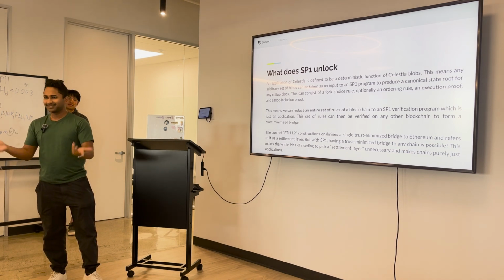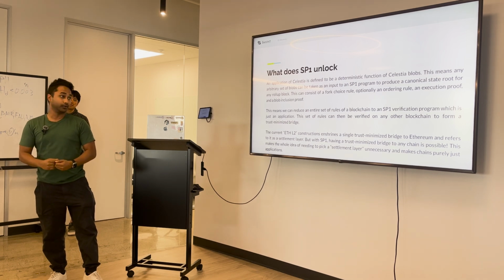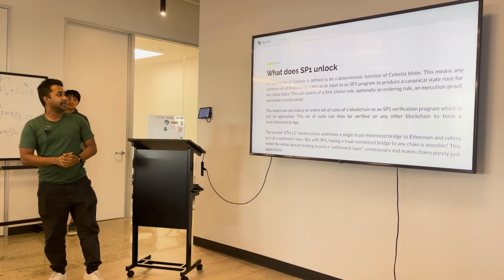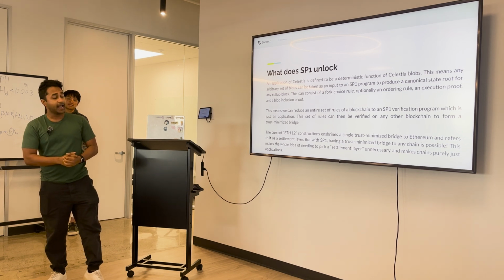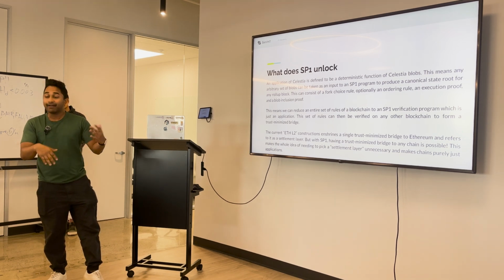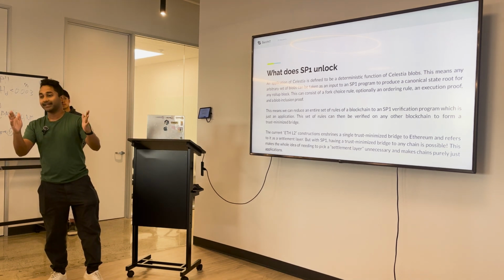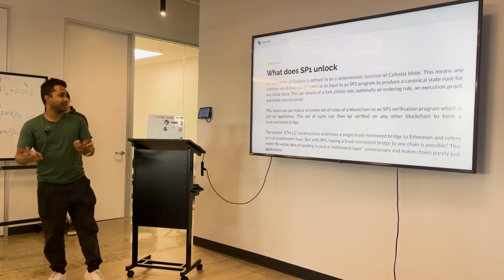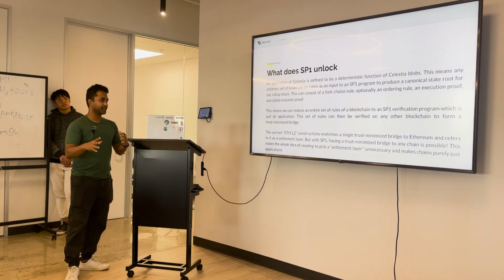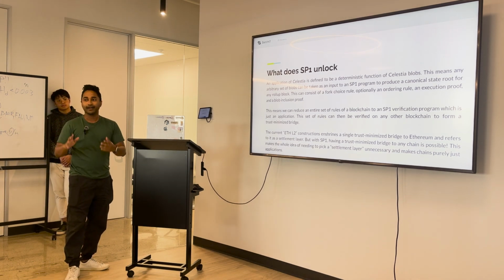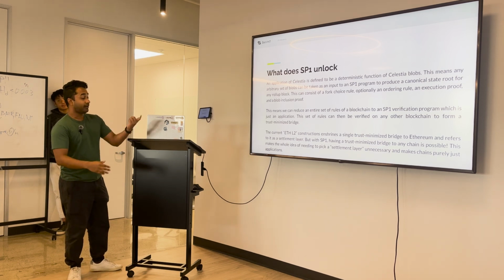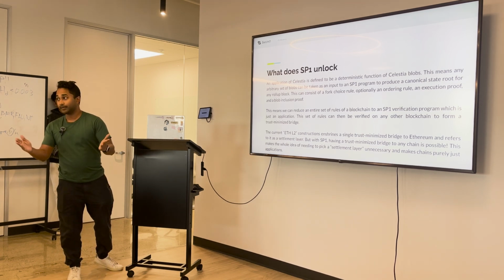You don't need single sequencers necessarily. If you have a really fast base layer, which is what Celestia plans to be, you can configure everything for how you go from that set of bytes to the state root, even multiple concurrent proposers. You can have anything, right? Since it's just a function, you just prove the entire function in SP1.